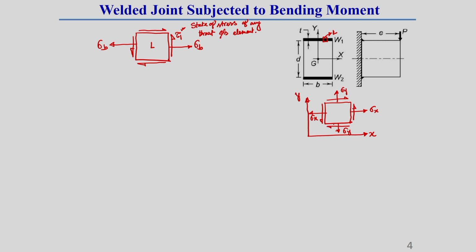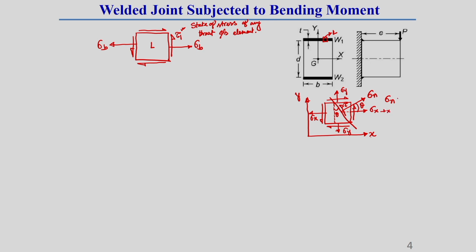If we take any section which makes an angle theta with this, in this plane what should be the normal stress sigma n and the shear stress tau, that we can easily find out. Because if this is theta, then this also will be theta, similar to the x axis.